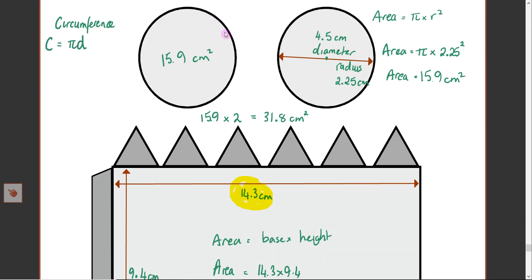To work this out, we can do pi multiplied by 4.5. And what do we hope we get? 14.3. We got 14.137.